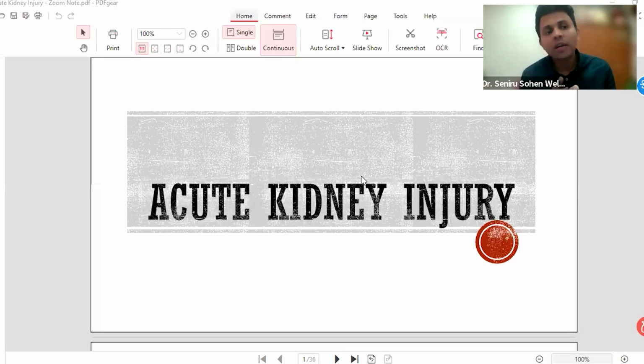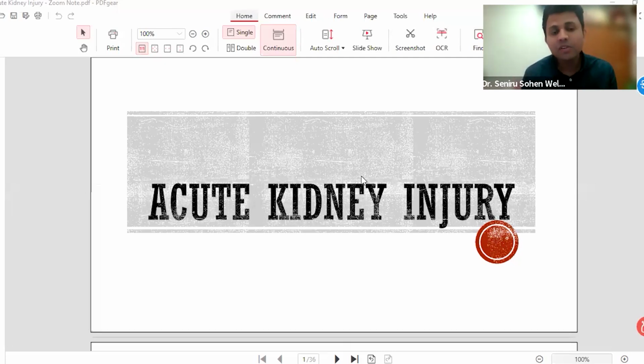In the KDIGO criteria, we have 3 stages of AKI, and for each stage we have a cutoff serum creatinine as well as a cutoff urine output. With the definition of AKI, all patients will automatically fall into stage 1 AKI.